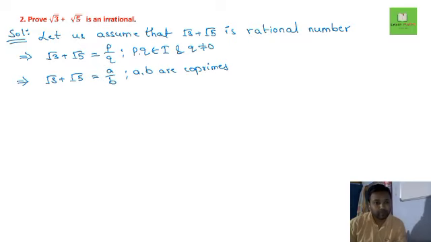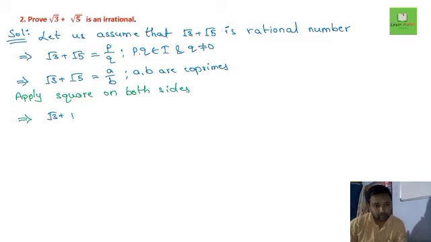Okay, now what I am going to do is apply the square on both sides. So we get root 3 plus root 5 whole square is equal to a by b whole square.